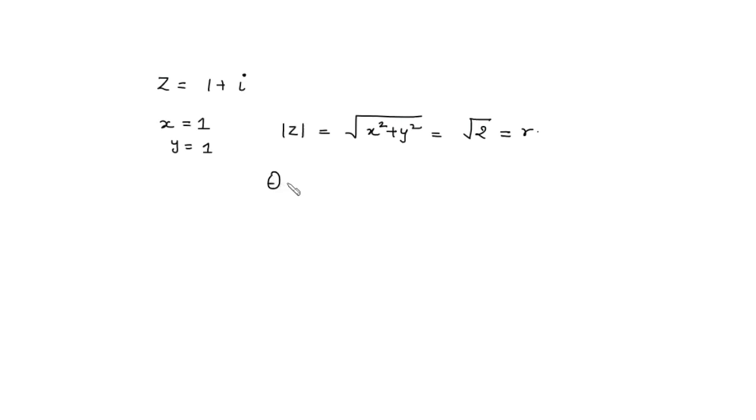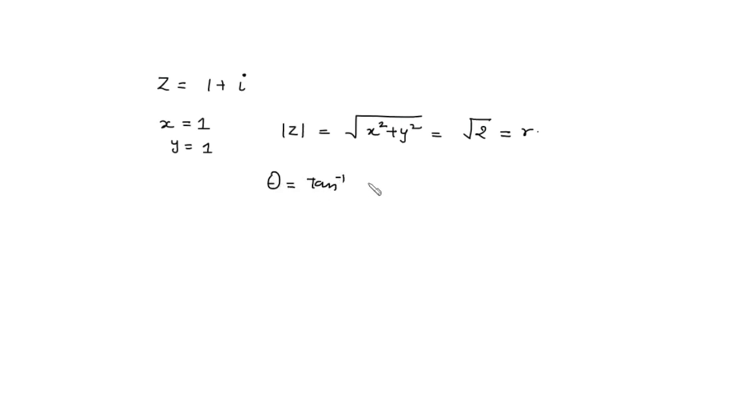Now let's suppose you are given a complex number 1 plus iota. Write it down in the exponential as well as in polar form. What is the value of x? It is 1. What is the value of y? It is 1. So what is the mod of z? It is the square root of x square plus y square, which is square root of 2, which is your r. What is your θ?